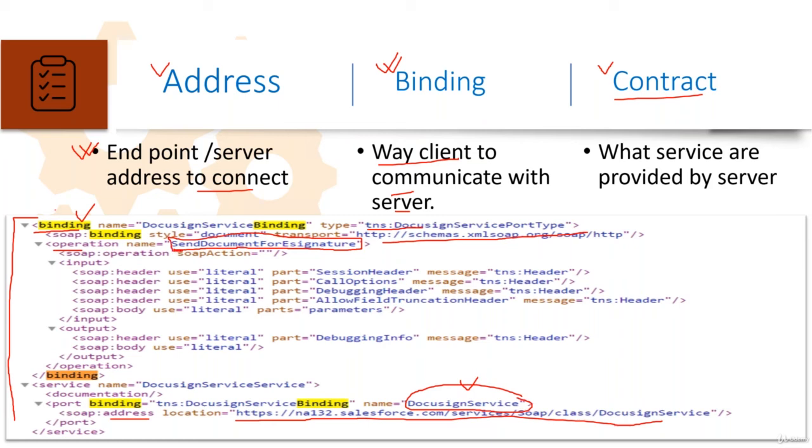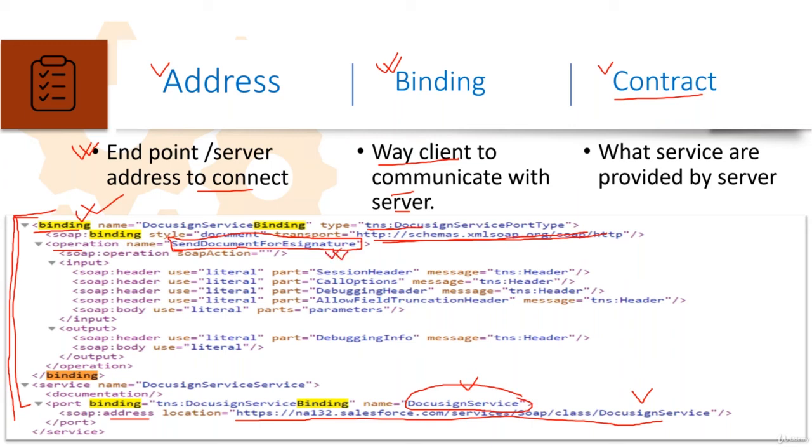So by seeing this WSDL kind of file, I can understand where my server is, the address, and how it is going to bind. You can see it's a TNS binding with a transport layer of HTTP. Then we can see the operations, which are nothing but the contract, the service I'm going to provide.